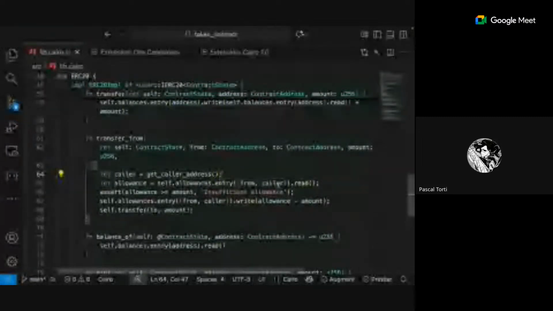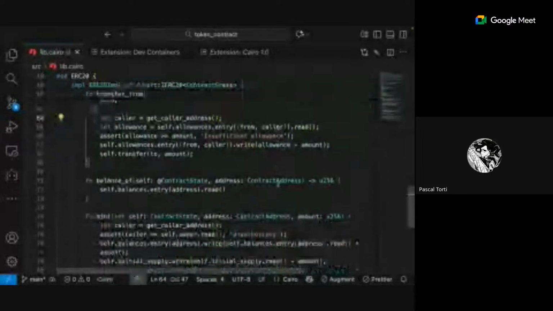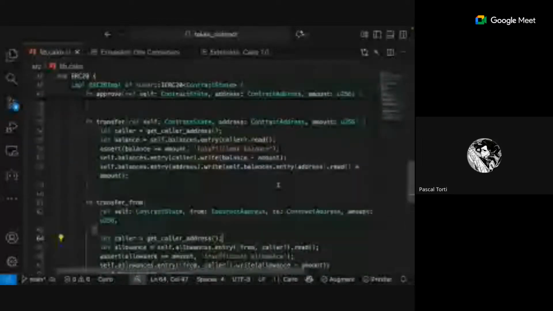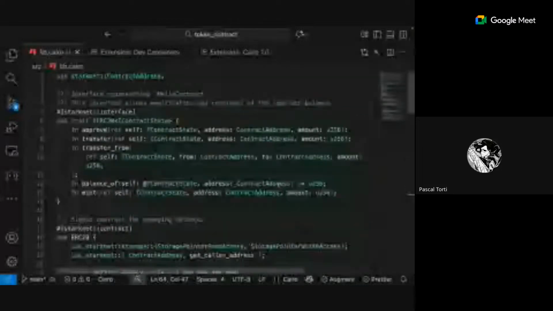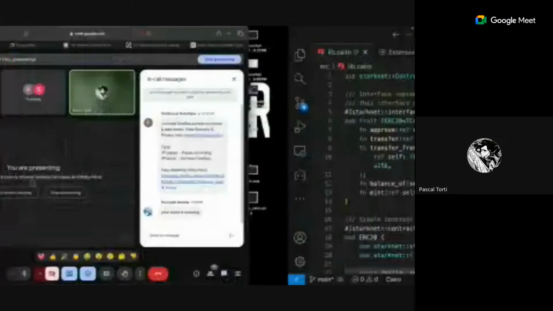So what next? I think that's all for this contract. Let's go back to the slides. As you can see now, we have used the traits for standards like ERC20.